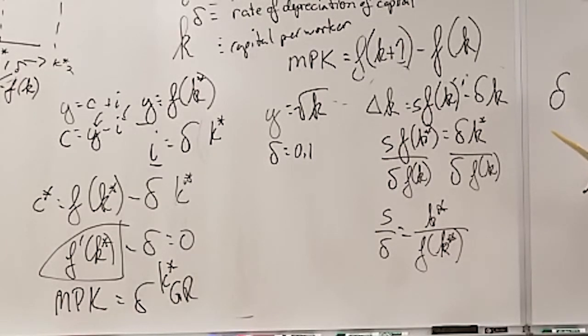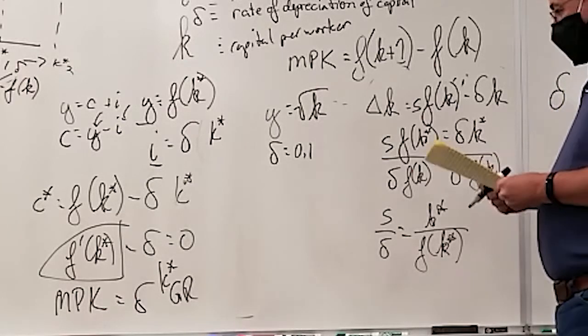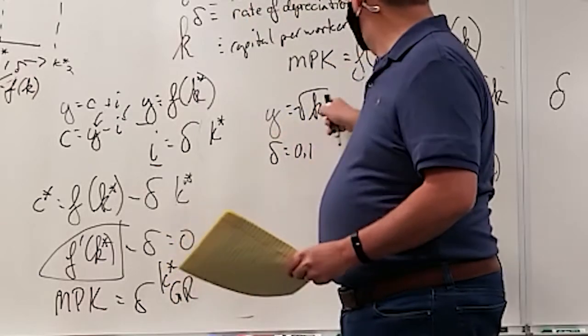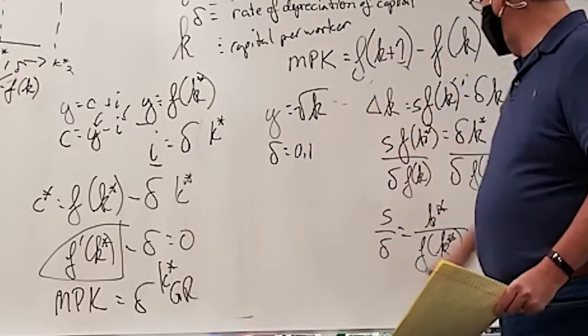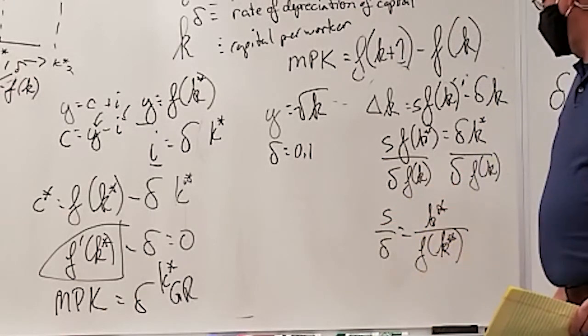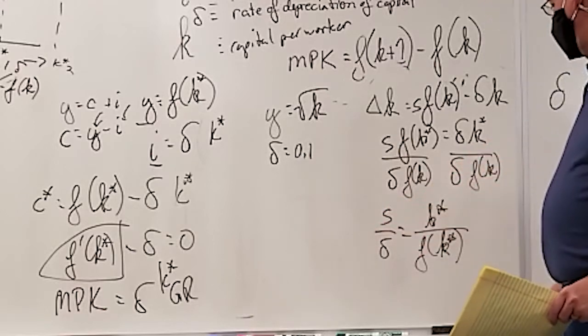And if I use this as my function, and that is my delta, I can find out what the appropriate savings level should be. I can find out how much I should be saving.